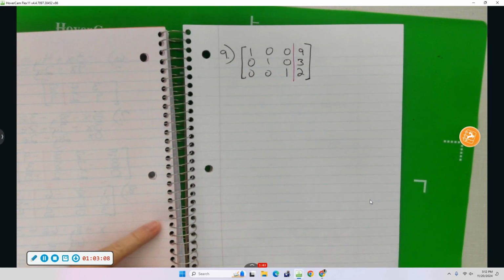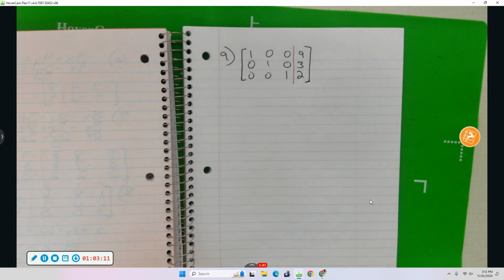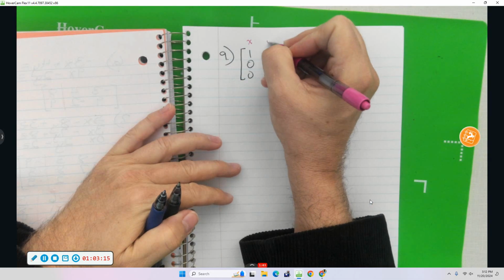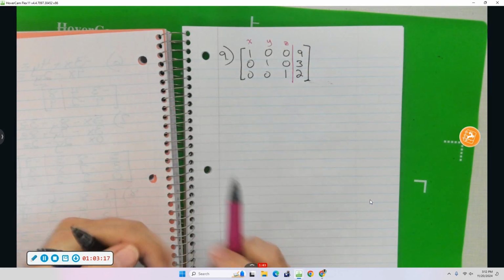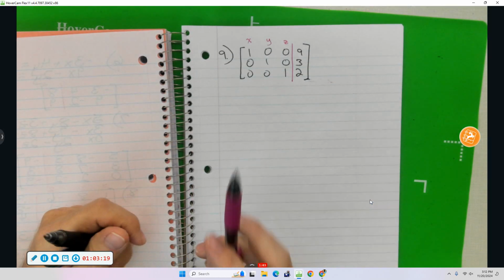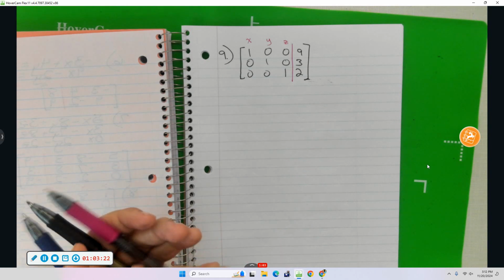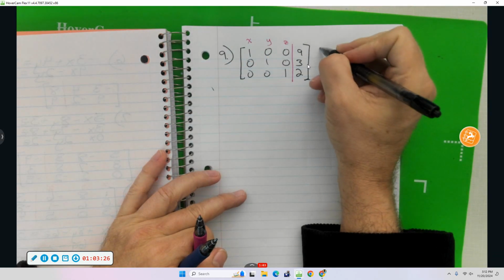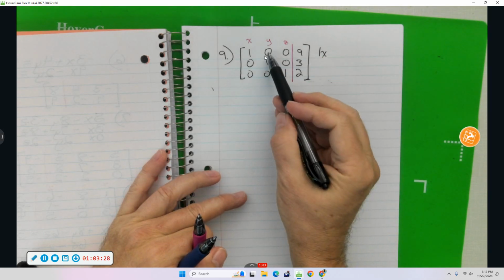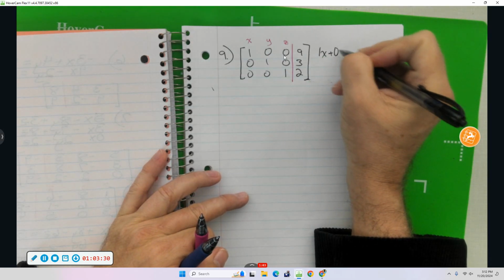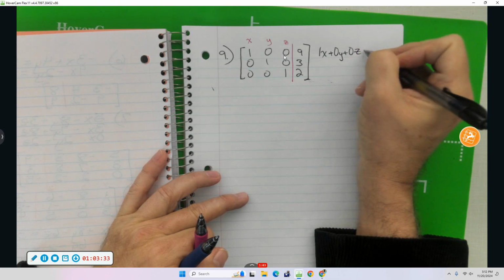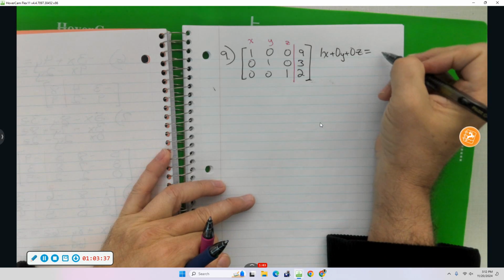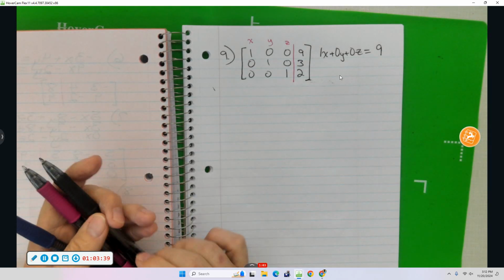And they've told us which variables to use. They said use X, Y, and Z. That first equation says 1x plus 0y plus 0z is equal to 9.